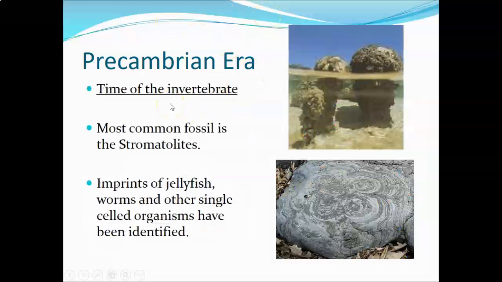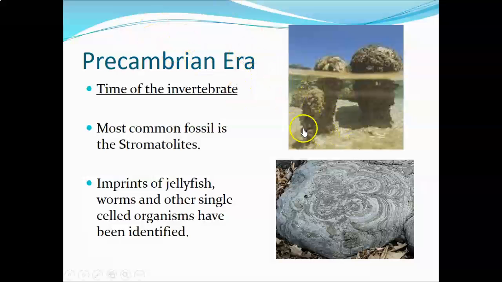That is somewhat the time of invertebrates, so things that probably didn't fossilize very well. The most common fossil is our stromatolites, which are really important when we talk about the geologic change of the Earth, because our stromatolites are the first ones to kind of start the process of photosynthesis. So they really helped develop the atmosphere that we have today.